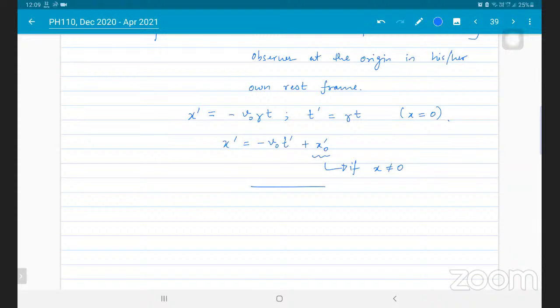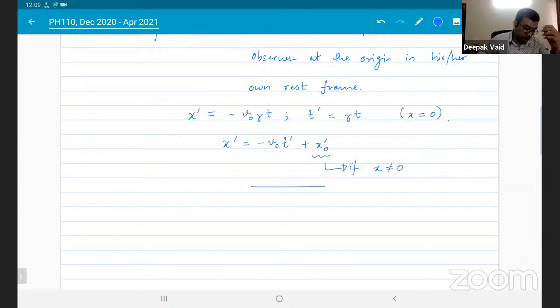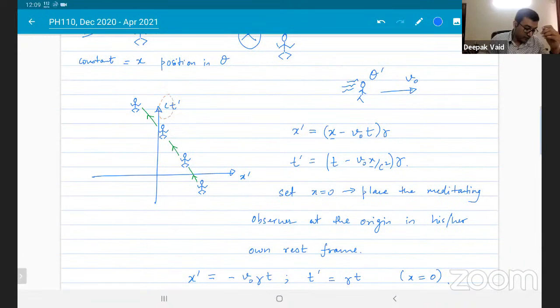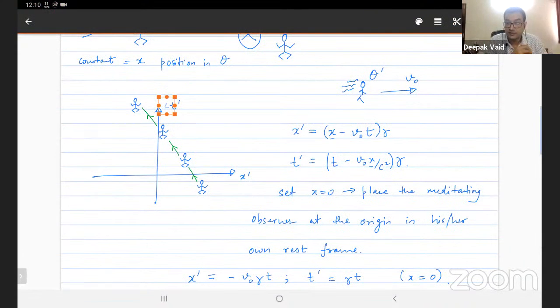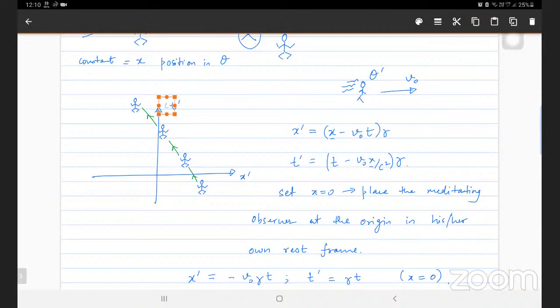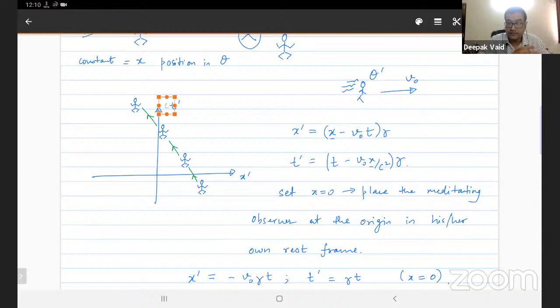Sir, what does CT represent in the y-axis? So why do I put C? Is that the question? CT has the dimension of meters. So I put C so that it has the same dimensions, right?